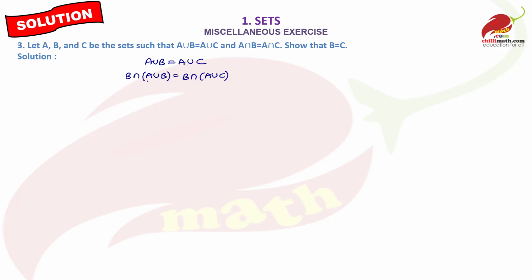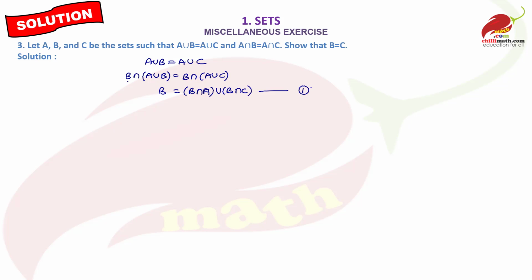B intersection (A union B), definitely it will be B, because we are adding something to B, that is A union B will be more than B, and taking intersection with B will be B. Using distributive law, we get (B intersection A) union (B intersection C). Let's mark this as equation number 1.